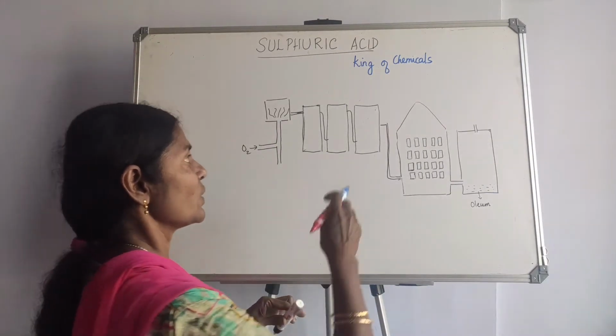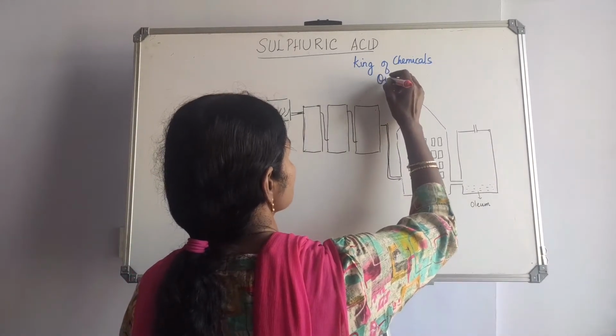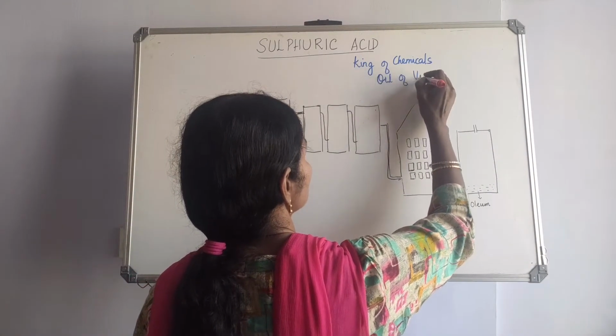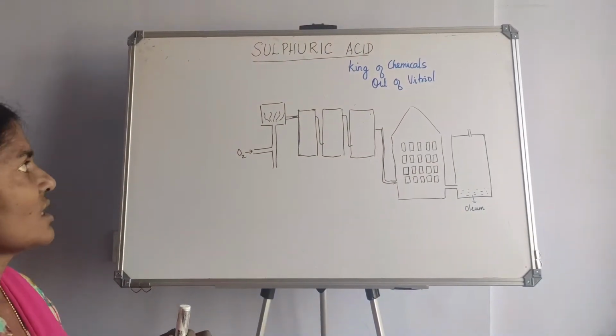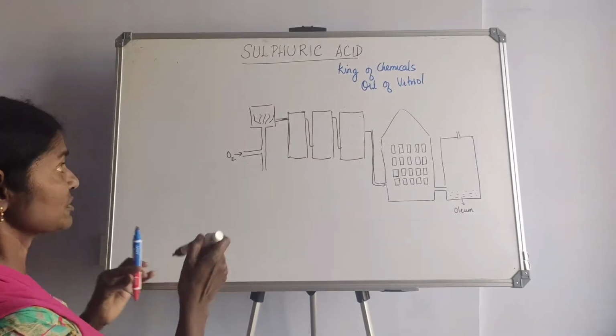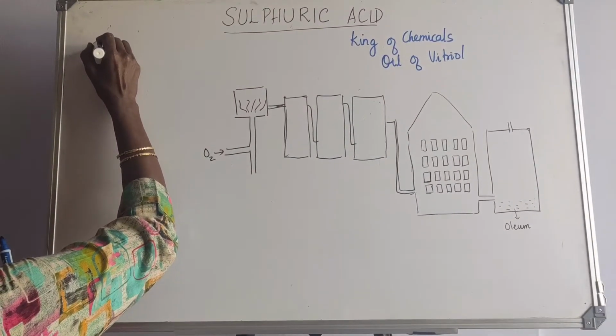Another name is oil of vitriol. These are the other names for sulfuric acid. The first thing, we can prepare sulfuric acid from concentrated nitric acid.